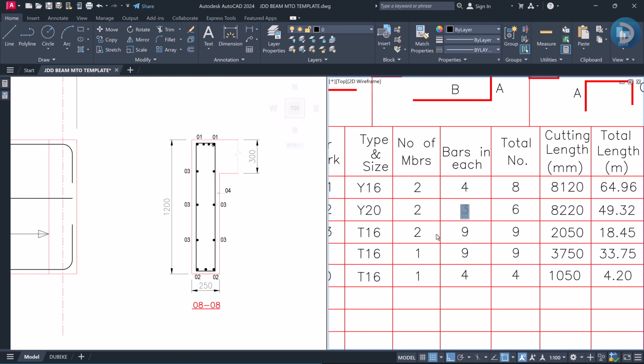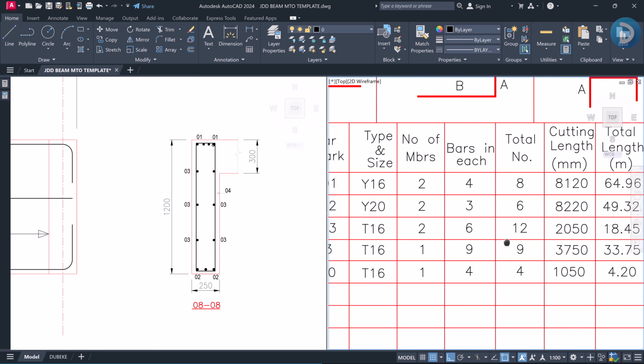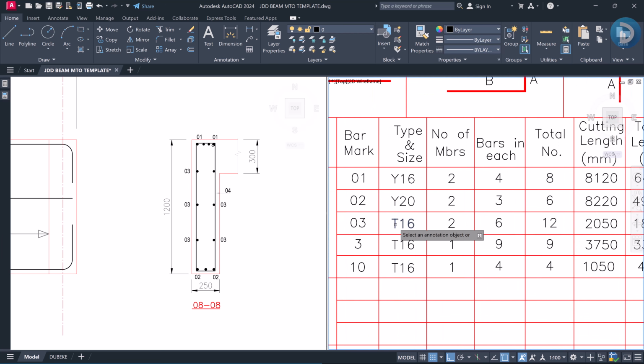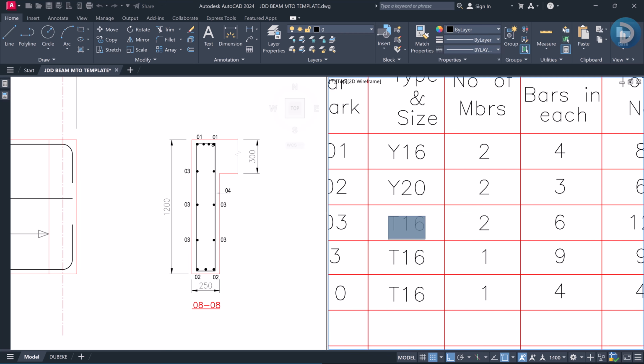Let's change this to 6 numbers of this reinforcement in each of the beams. So the total numbers of reinforcement in the complete model will give us a total of 12, right? And do not forget that our reinforcement type is Y16.